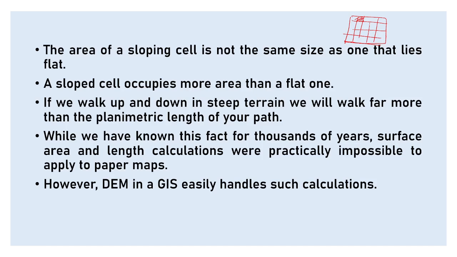Surface area and length calculations were practically impossible to apply to paper maps. It's difficult to account for this difference in area. But now that we have DEMs, digital elevation models in GIS, it's easier to handle such calculations and take into account the slope area, the area of the sloping cell.